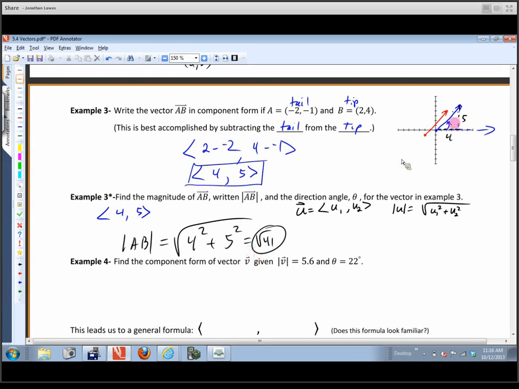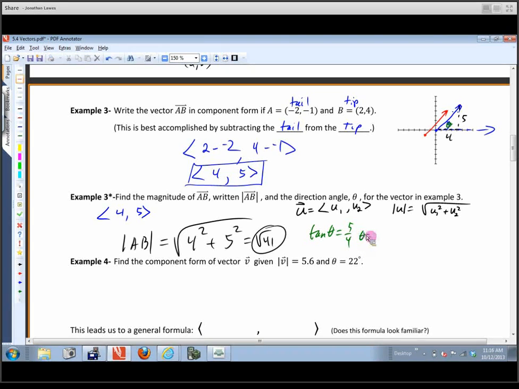And then if I want to find this direction angle right here, so the next thing I want to do is I want to find that angle right here. Okay, so we figure that out. Well, we did that on the last problem, and we did that using a tangent. So the tangent of that angle in standard position is going to be 5 over 4. Again, we're expecting an angle that's going to be a little bit larger than 45.